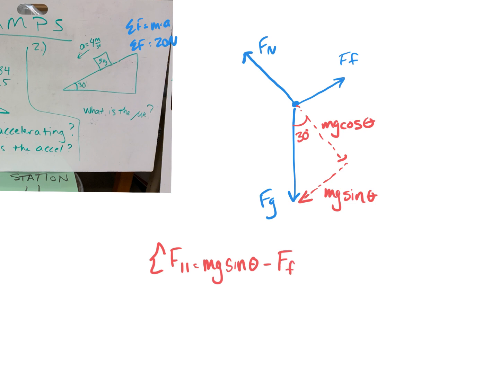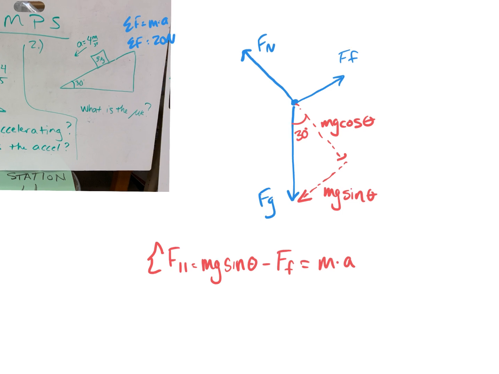And then I'll finish that phrase with that equals the mass times the acceleration down the hill. Now keep in mind, we already know what that value is. We solved that right at the beginning. That equals 20 newtons. But on the next line down, I'm going to expand out what friction is, so we can see that equation.